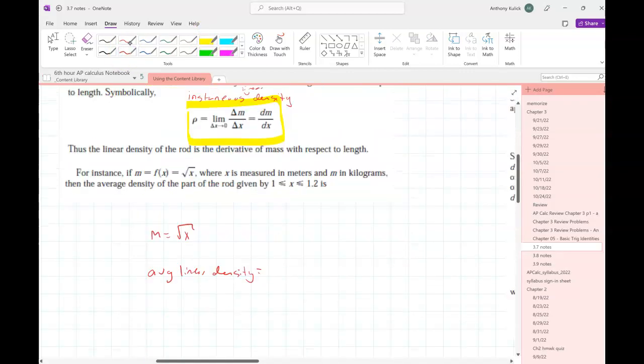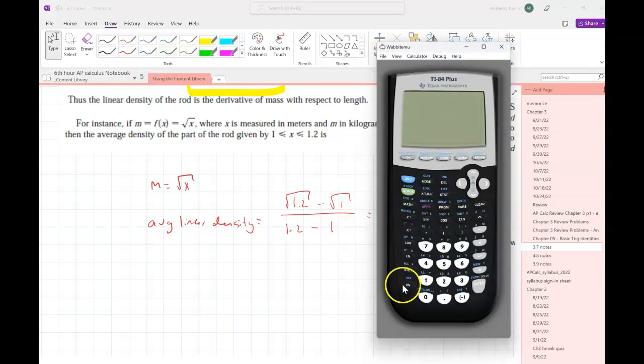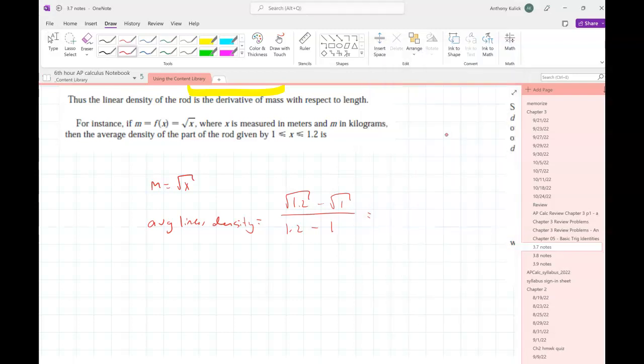So it's just going to be square root of 1.2 minus square root of 1 over 1.2 minus 1. If I grind that on my calculator, I get 0.48. And this would be kilograms per meter, I think was the units we were using here.